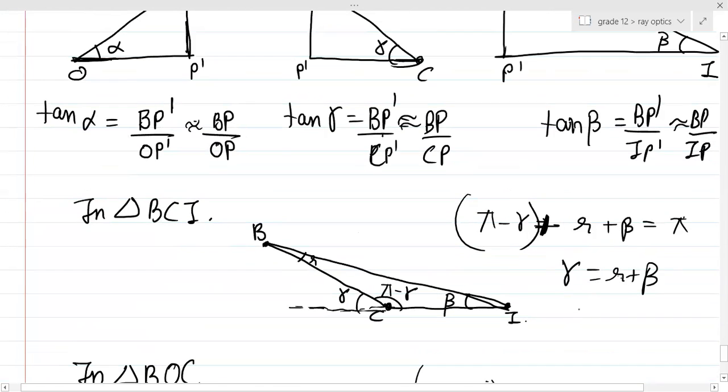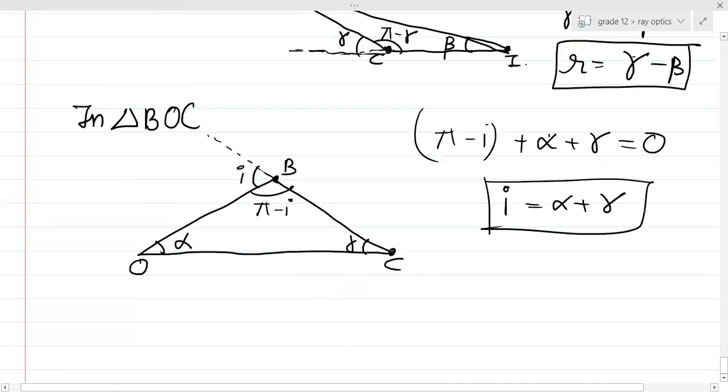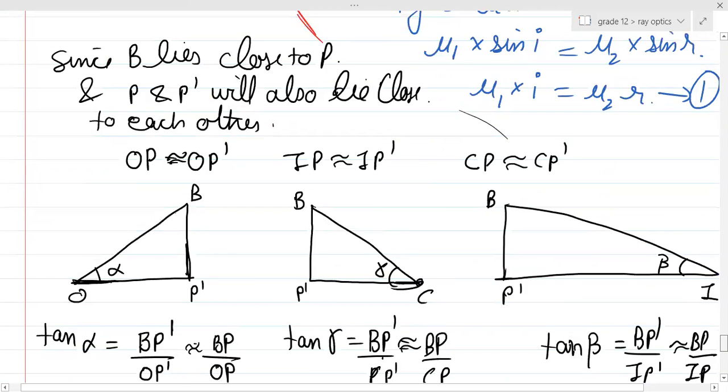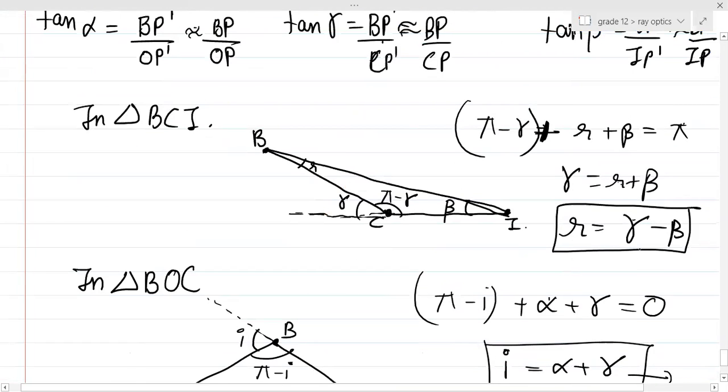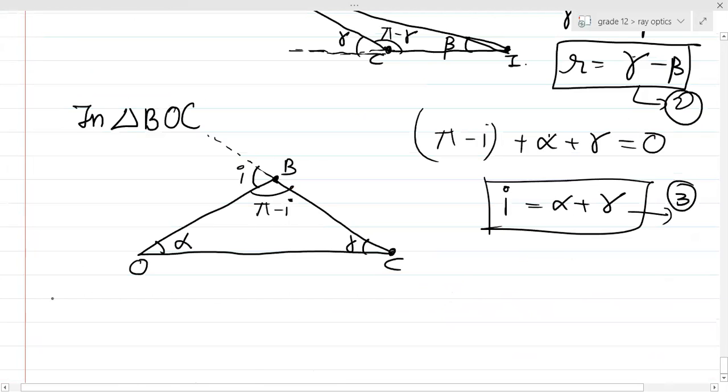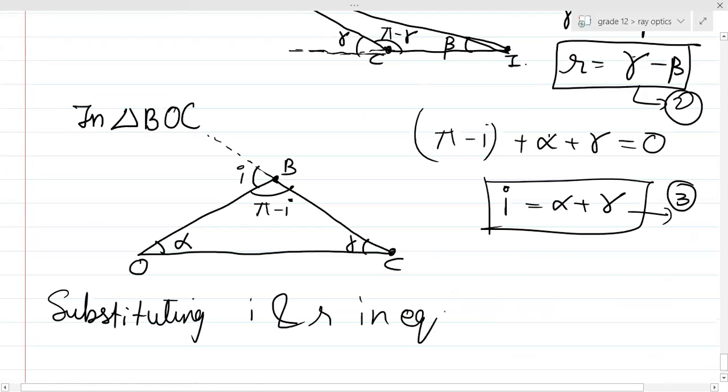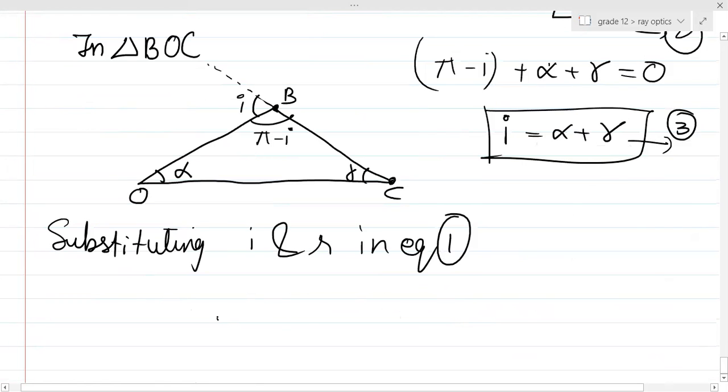From here, can I write R is equal to gamma minus beta? So can I put these two things? Let me name them as equation number 2 and 3. So by substituting the value of I and R in equation 1, and what was equation 1?